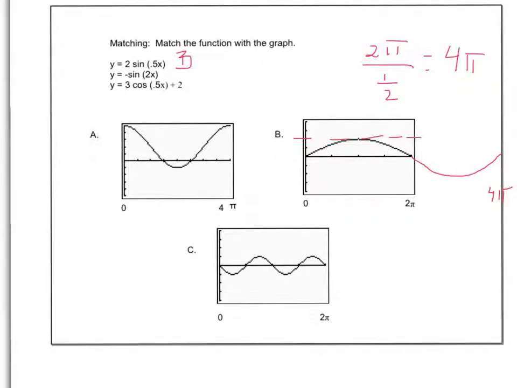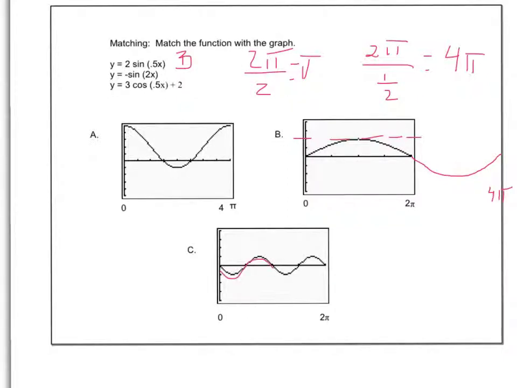The second equation, we took sine, and now we're doubling the period, which really means, the 2x means, that we're taking 2 pi and dividing it by 2, which means the period is pi. So I should be able to get one curve from 0 to pi, which means I've got 2 curves from 0 to 2 pi.